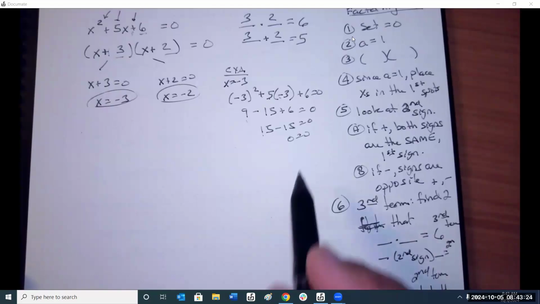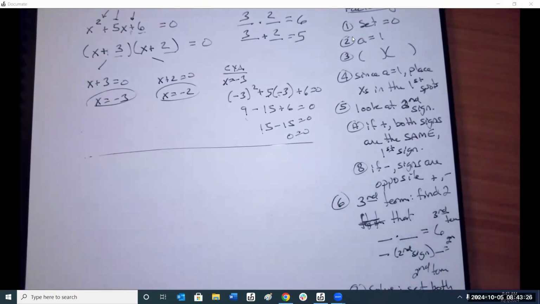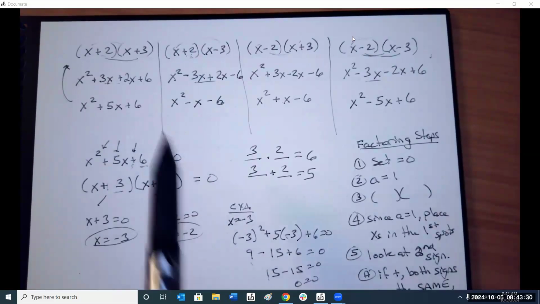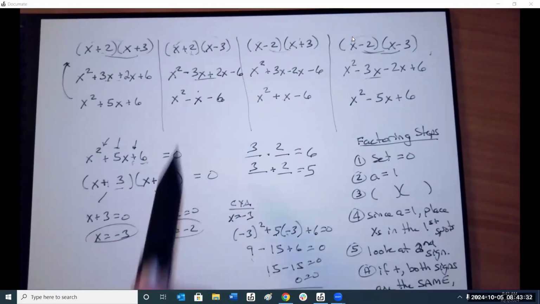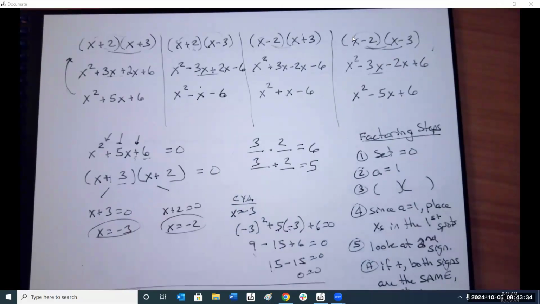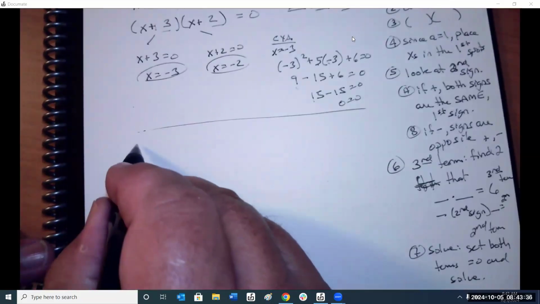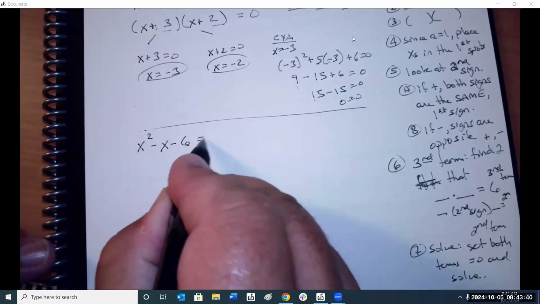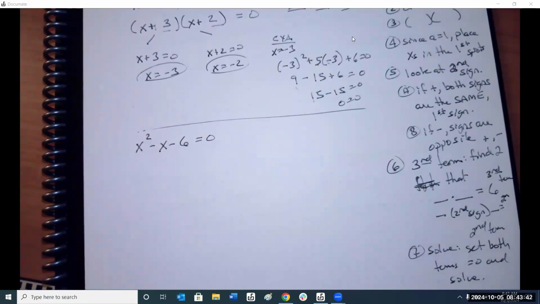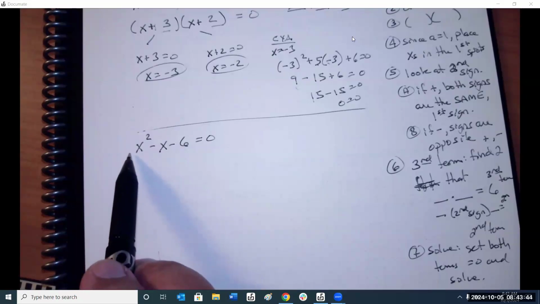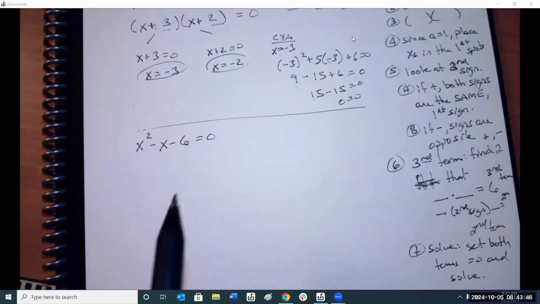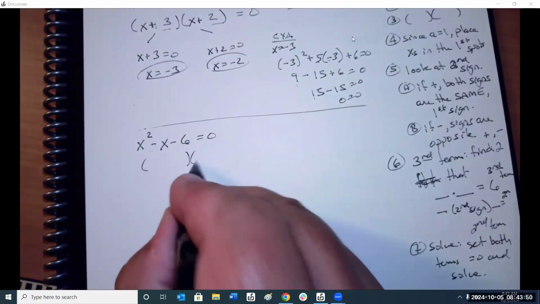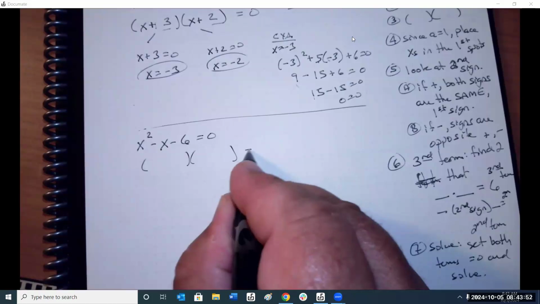All right, so that's the first one. Let's look at the second one. Let's look at the x squared minus x minus 6. Set that equal to 0. Leading term is 1. Check. Put my 2 parentheses down.